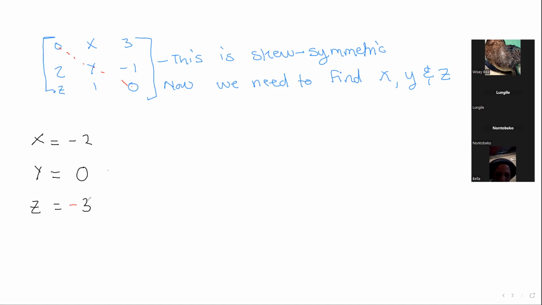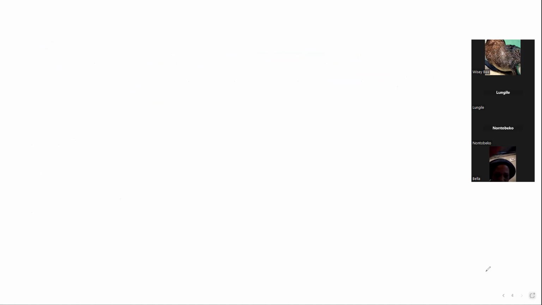And then another one, it says, given A is a square matrix, right?